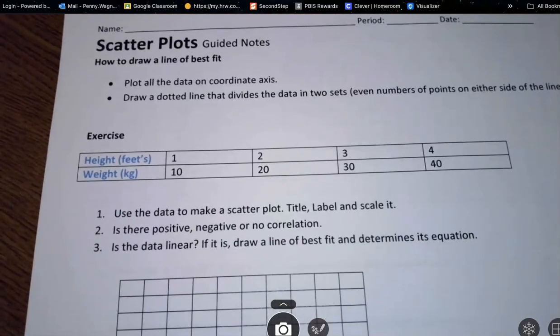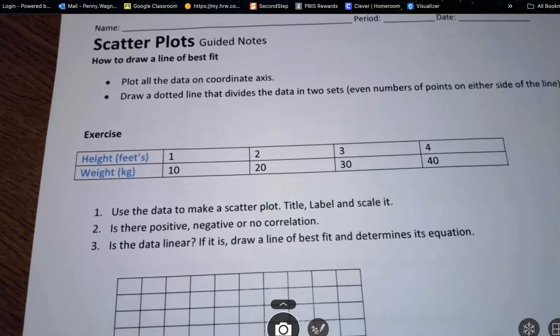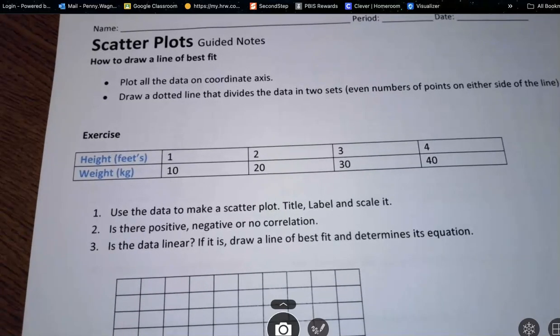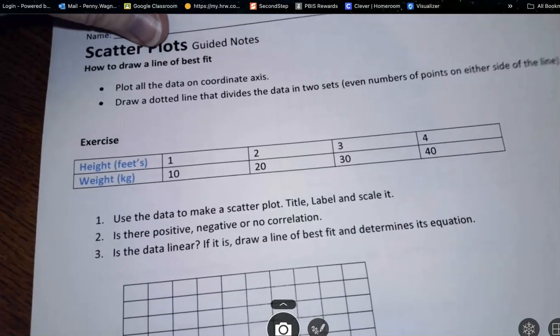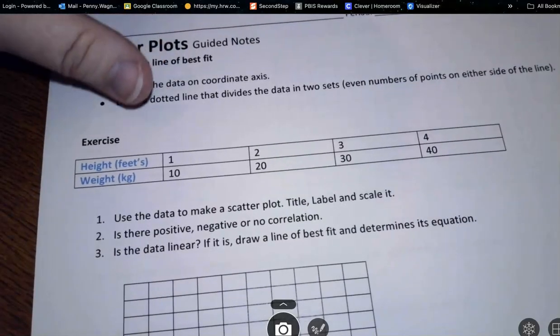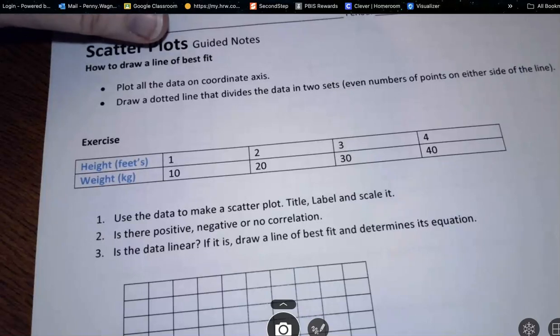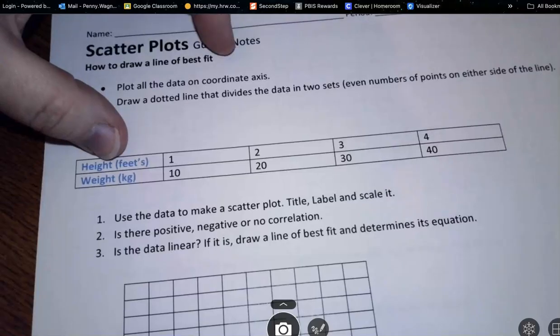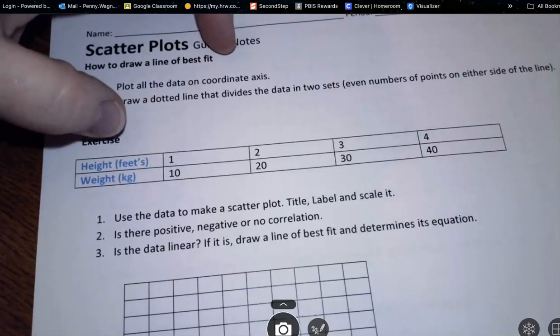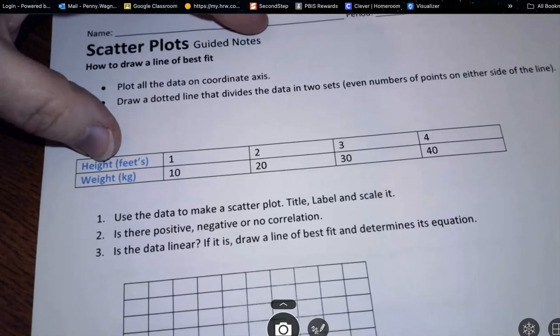We're going to talk about how to draw the line of best fit with these. So first thing we're going to do is plot our points to make our scatter plot. We're going to title it, label it, and then scale it. It looks like we have height in feet, and then we have weight in kilograms.